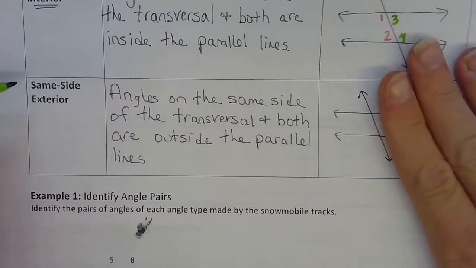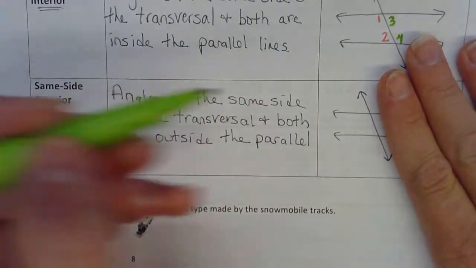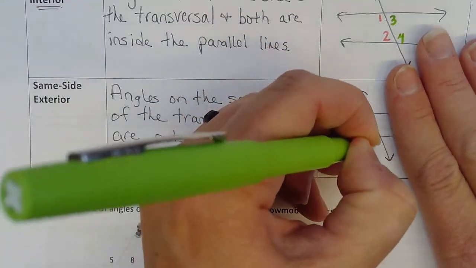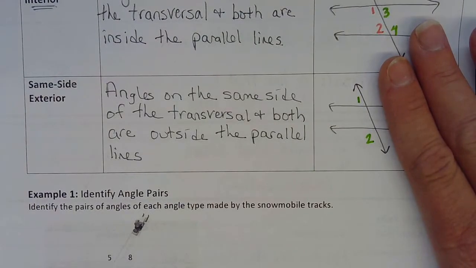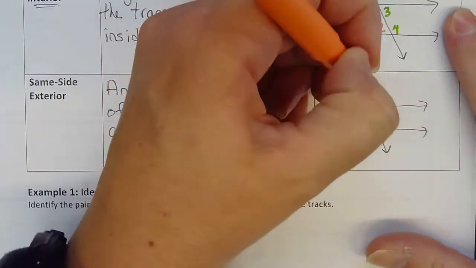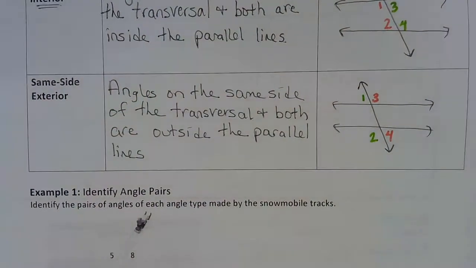So same side, if I look just on my left side here, they're both on the left side and they're on the outside of the parallel lines. There's only two angles on the outside. So this would be one pair of your same side exteriors. And then if they're both on the right, these are the only two that are outside. That would be your other pair.